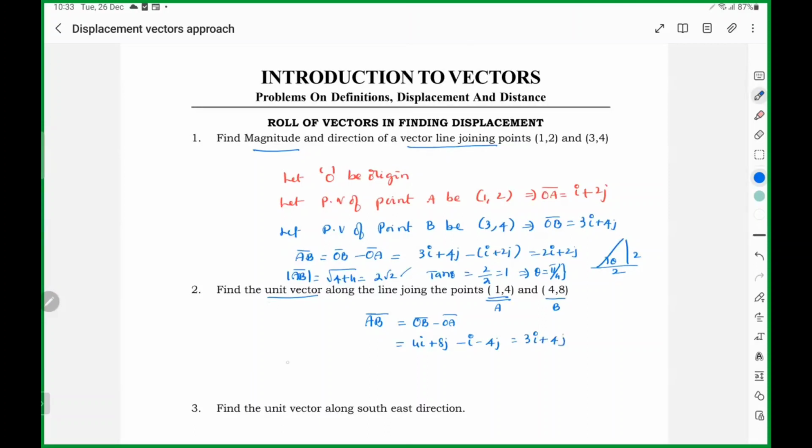He is asking for the unit vector along AB, which is AB bar by mod of AB bar, 3i plus 4j by 5.